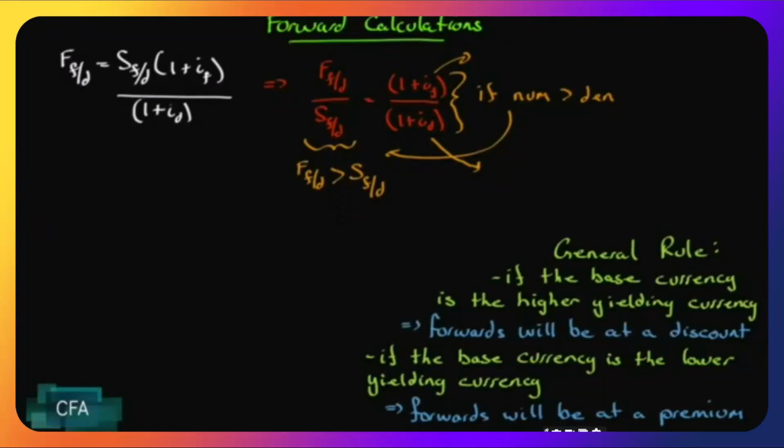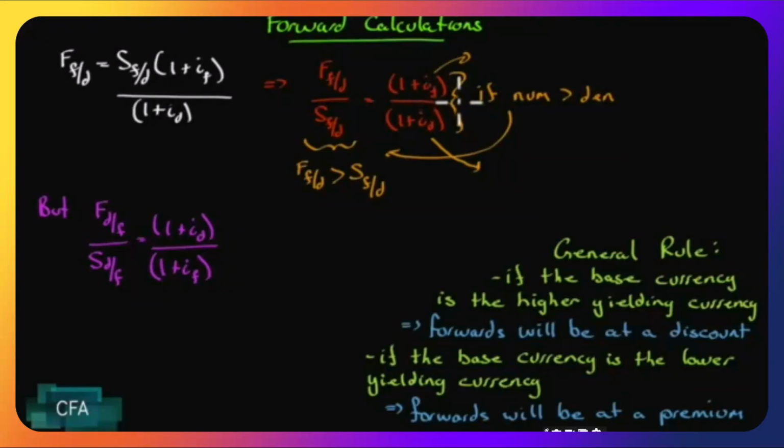Let's reverse that because we're looking at it in terms of F over D. So now, with S D over F, we're taking the inverse currency in this case, 1 plus I D over 1 plus I F, and D and F can be anything, right?